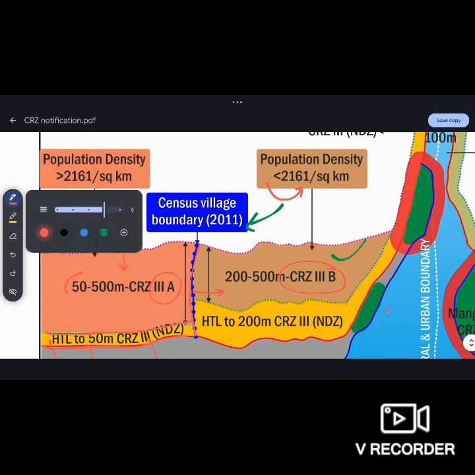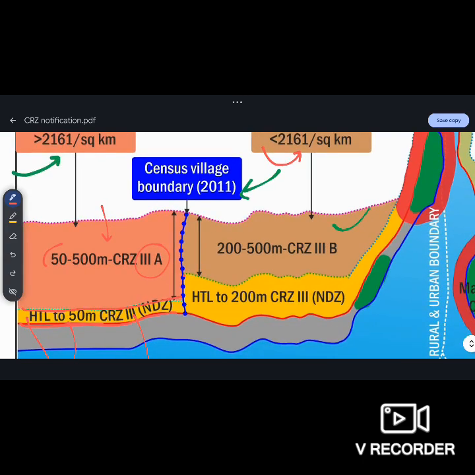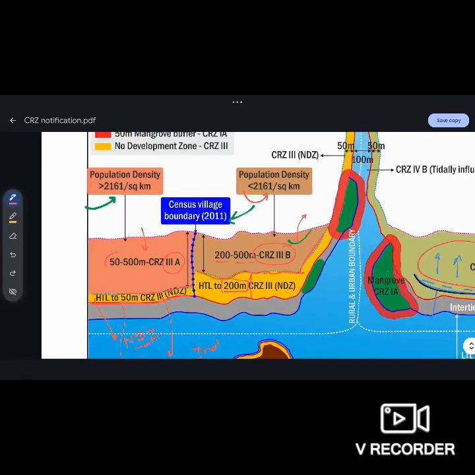Under this category, you can see here the yellow strip is very broad. So from the high tide line to 200 meters towards the landward side, we have the no development zone, right? And beyond this line, from 200 to 500 meters, we have CRZ 3B. Usual settlement is allowed with some restrictions in this area also.